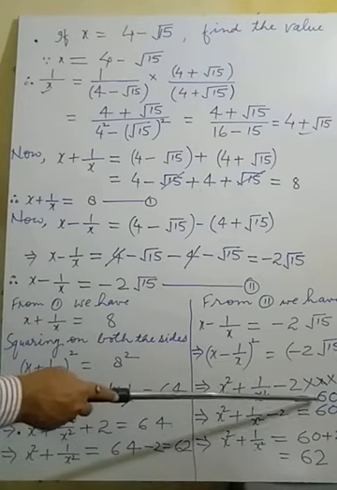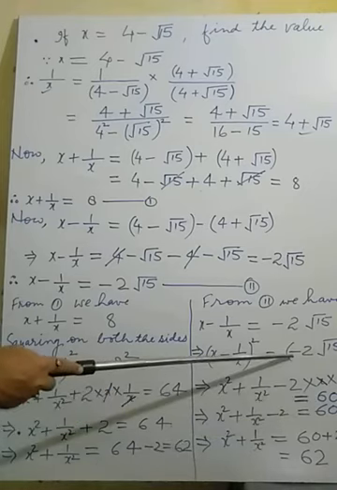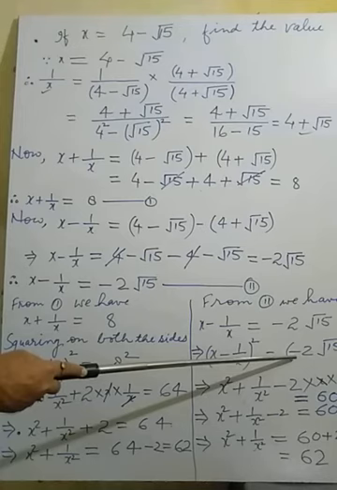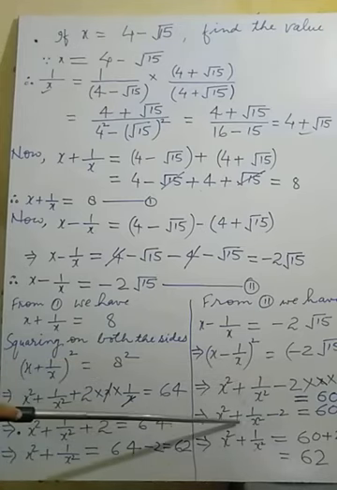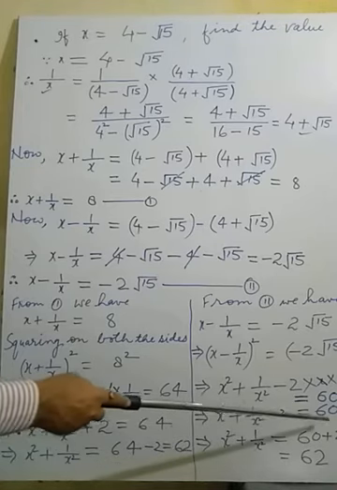It will be equal to plus 60. You may observe why is it plus 60 here. Square of negative is also positive, and square of positive is also positive. You know, you have studied in previous classes. So x square plus 1 upon x square minus 2 equals 60.